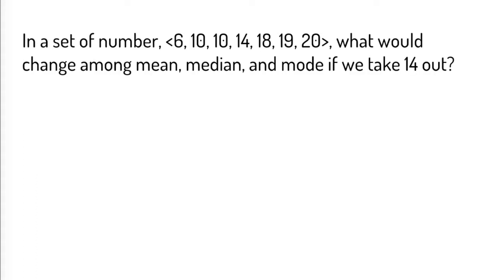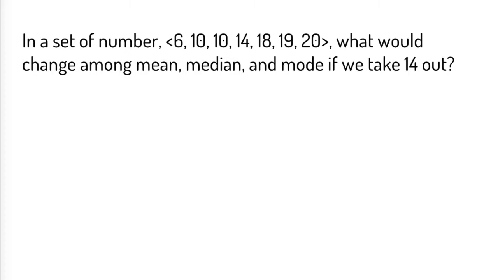In a set of numbers 6, 10, 10, 14, 18, 19, 20, what would change among mean, median, and mode if we take 14 out? First of all, we need to know exactly what mean, median, and mode are. Mean is the average of all the data. Median is the value that is exactly in the middle, and mode is the most frequent data.